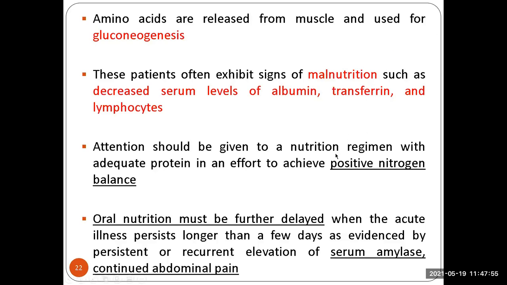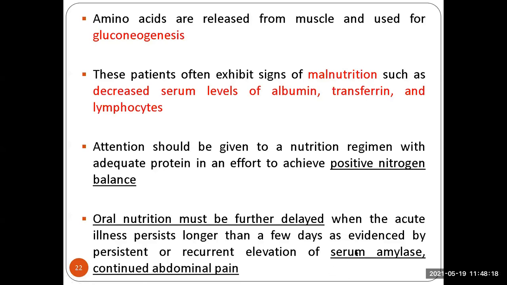Attention should be given to the nutrition regimen with adequate protein in an effort to achieve a positive nitrogen balance. Oral nutrition must be further delayed when the acute illness persists longer than a few days, as evidenced by persistent and recurrent elevation of serum amylase and continued abdominal pain.